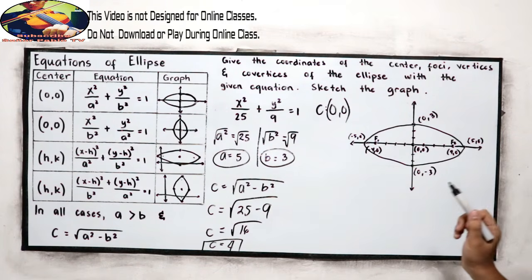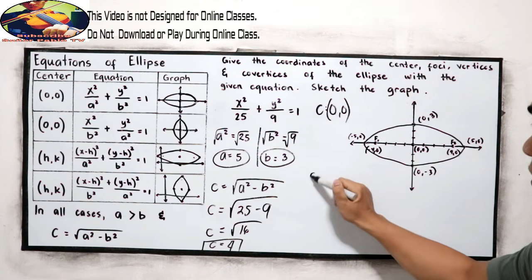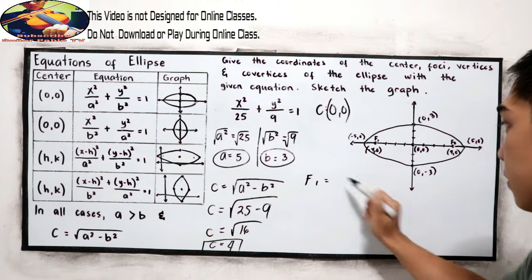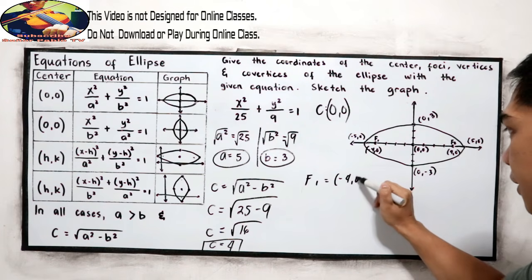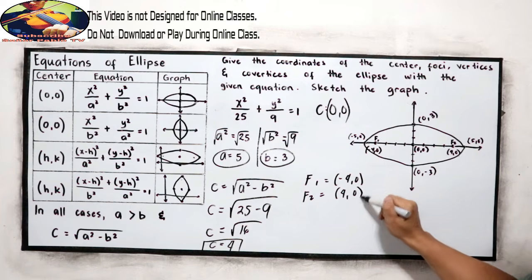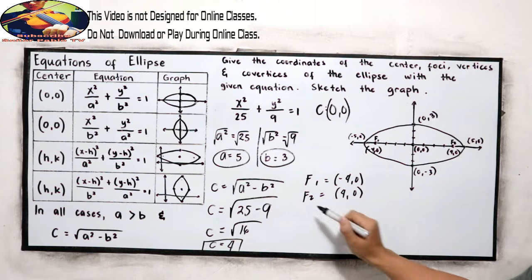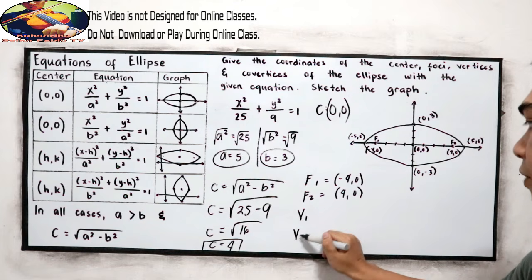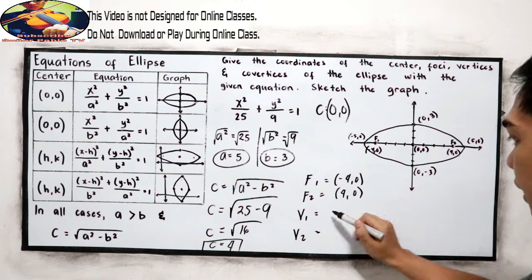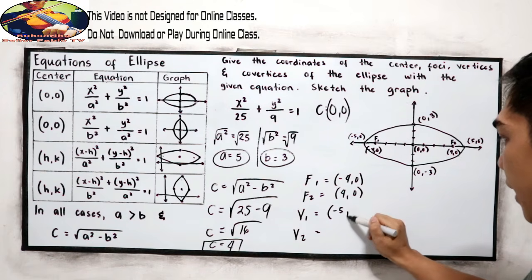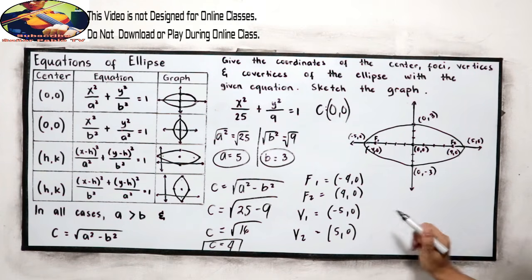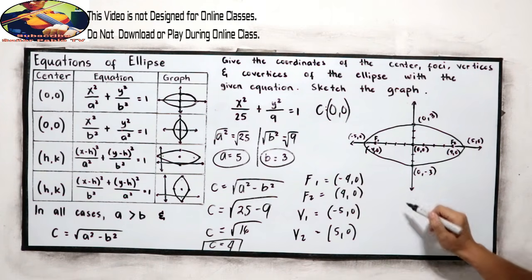Okay, to finalize our final answer, we have f sub 1 is negative 4, 0, f sub 2, 4, 0, and of course we have the vertices, v1 and v2. v1 is negative 5, 0, v2, 5, 0, and co-vertices.